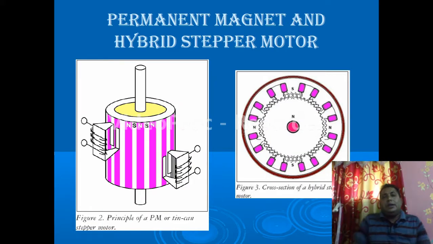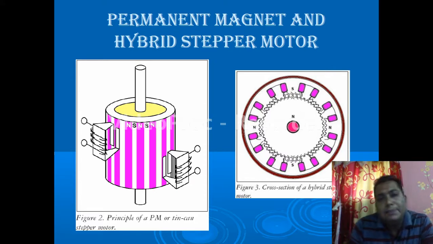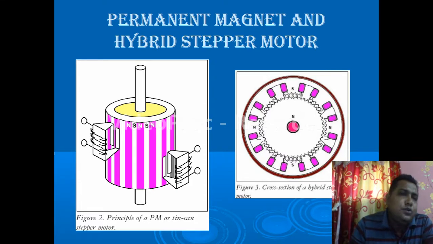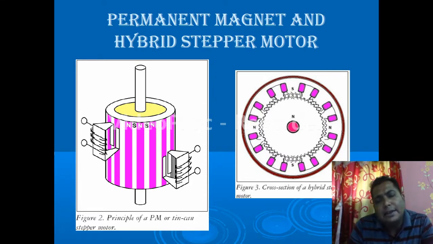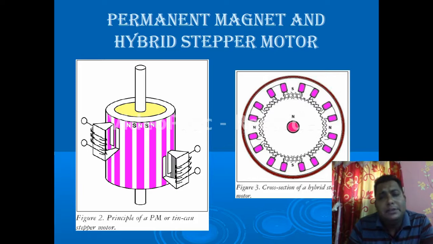Now this is the permanent magnet and hybrid stepper motor. In this particular picture, there are two diagrams. The left hand side diagram shows the permanent magnet stepper motor, and the right hand side diagram shows the hybrid stepper motor.